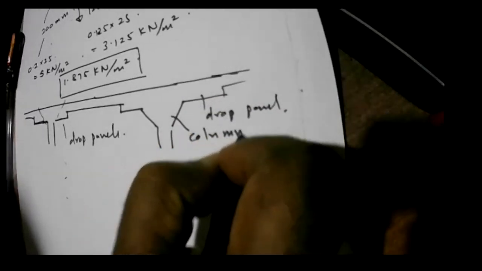So this is the flat slab with drop panels. So these are drop panels, and this also has drop panels, but it also has a column head.